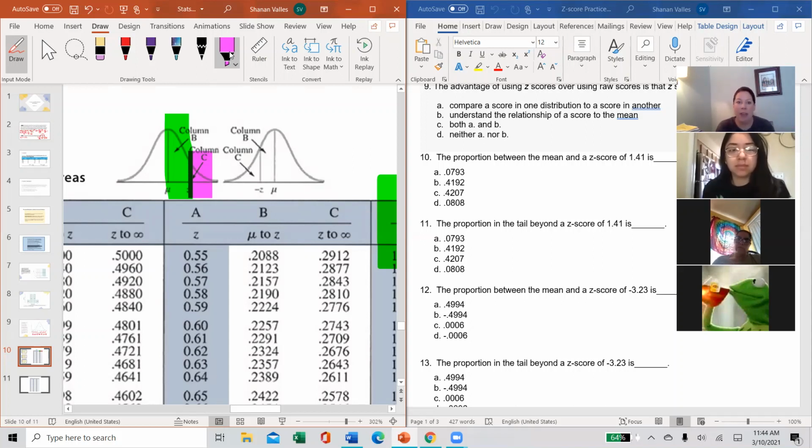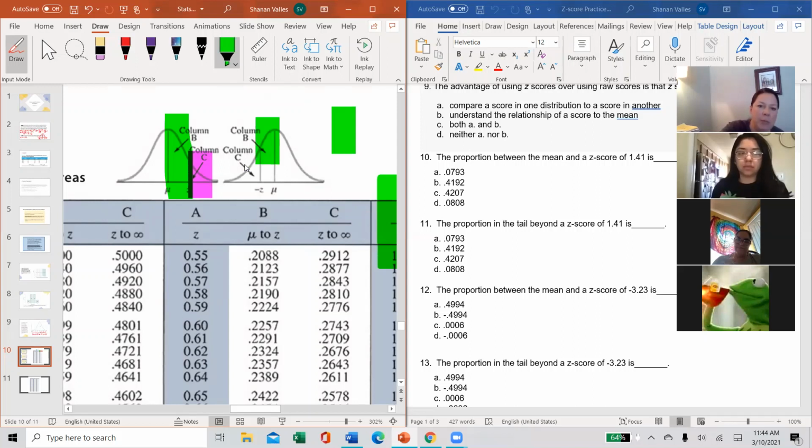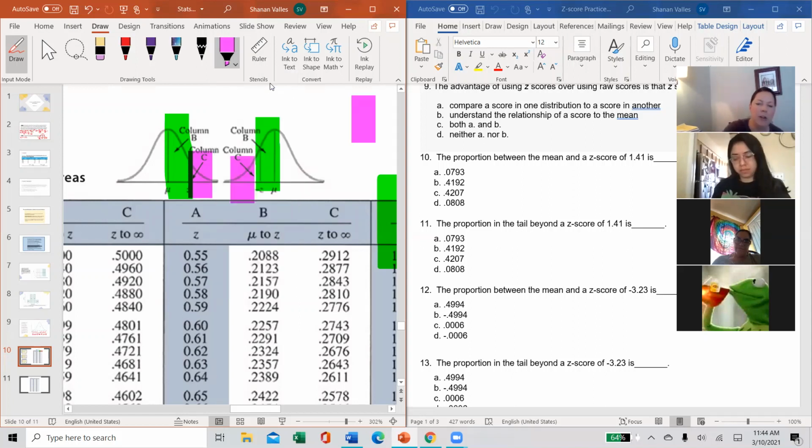So we still have a proportion of people right there. So that's B, from the mean to the z. And then our C column is from that z in the tail to infinity and beyond.